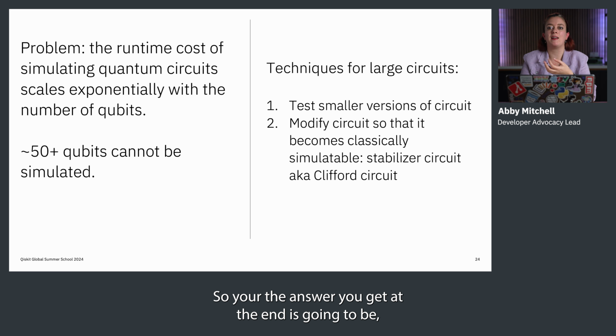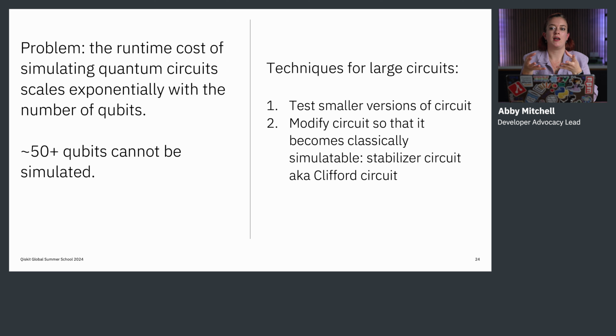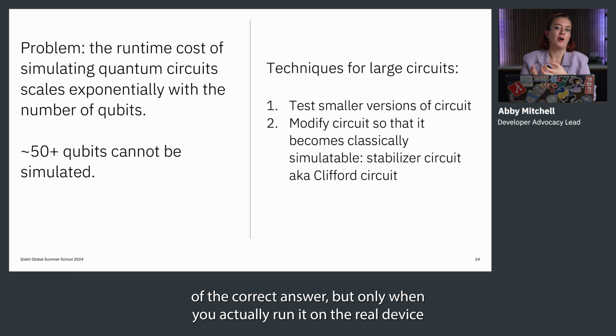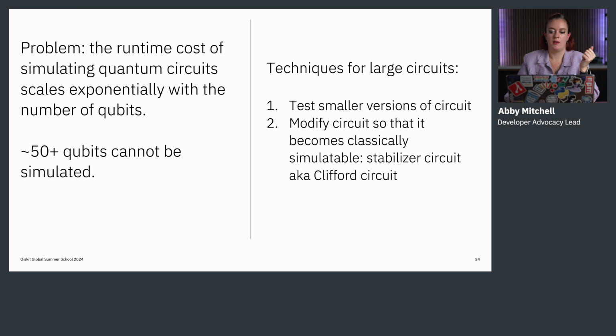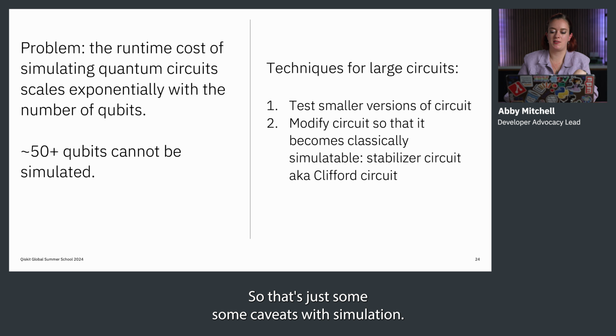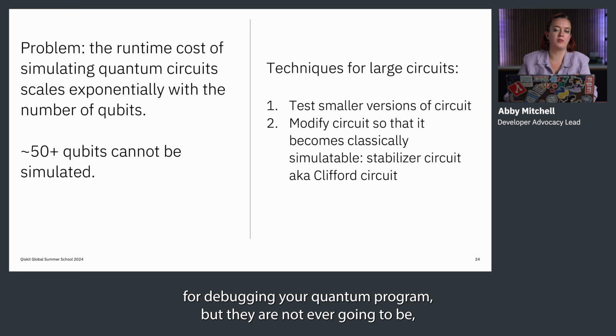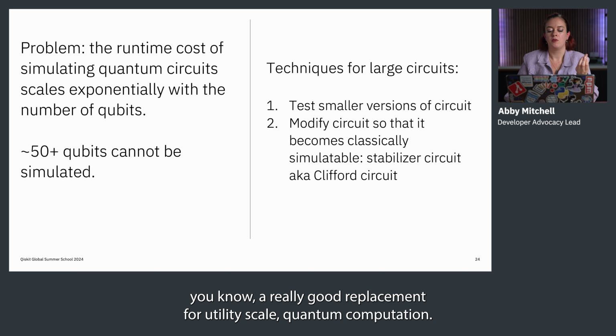So the answer you get at the end is going to be an approximation of the correct answer, but only when you actually run it on the real device will you get the correct one, the one that you're looking for. So that's just some caveats with simulation. They can be a great tool for debugging your quantum program, but they are not ever going to be a really good replacement for utility scale quantum computation.